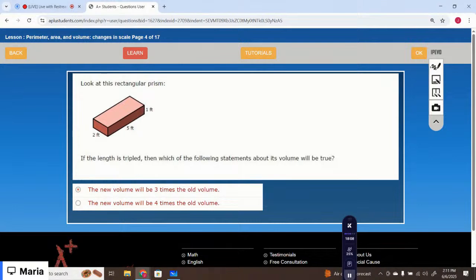That is, the new volume will be three times the old volume. Option number one is the correct option. Okay, you can complete the lesson by yourself later today. Let me just move on to the next lesson.